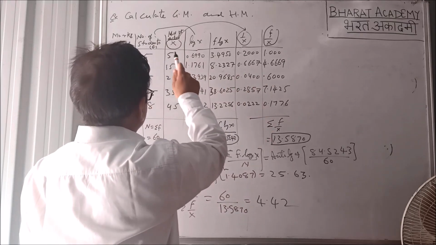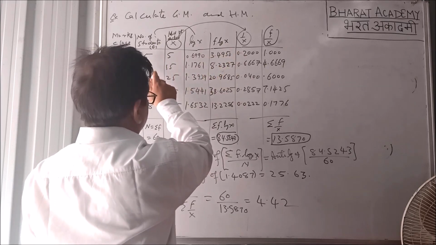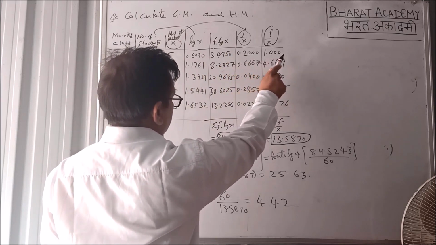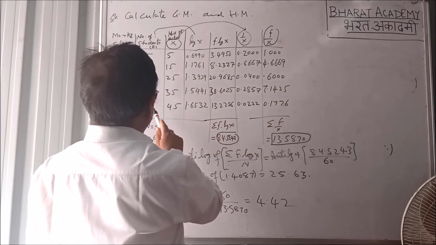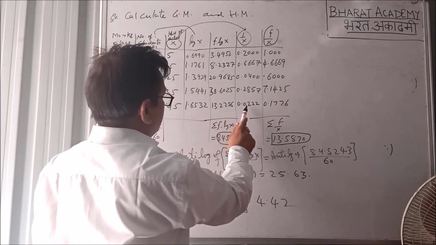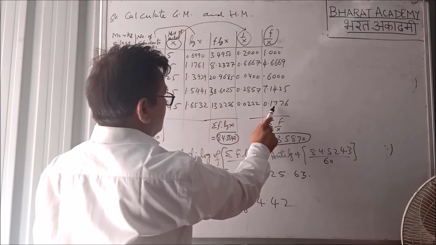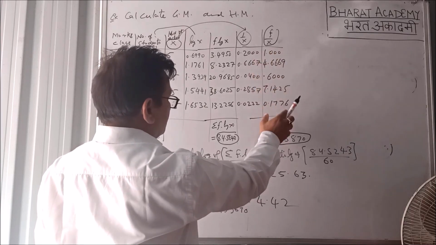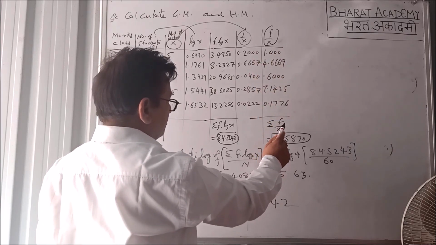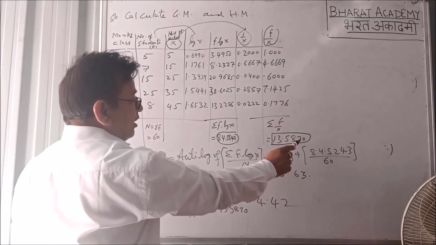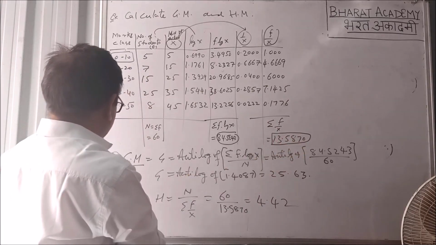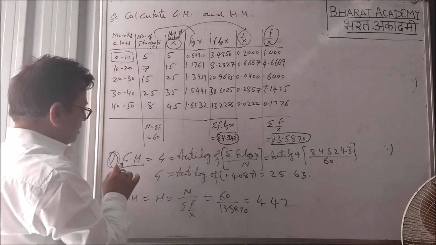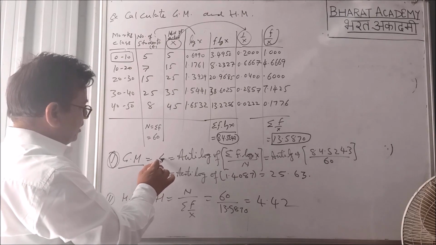Now we multiplied f into 1 upon x. 5 into 0.200, this is 1.00, up to 8 into 1 upon x, 0.0222, this is 0.1776. We add all these values of f upon x. This is summation f upon x. This is 13.5870.